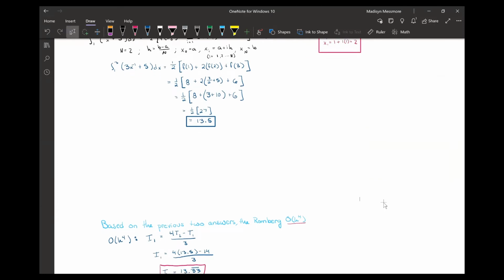But anywho, so you might be asked in between these 2 questions of finding the trapezoid. Let's see, how exactly is it worded? Let me make sure so I can help you guys the maximum amount possible. Okay, yeah. Using the results from class 2 computing.